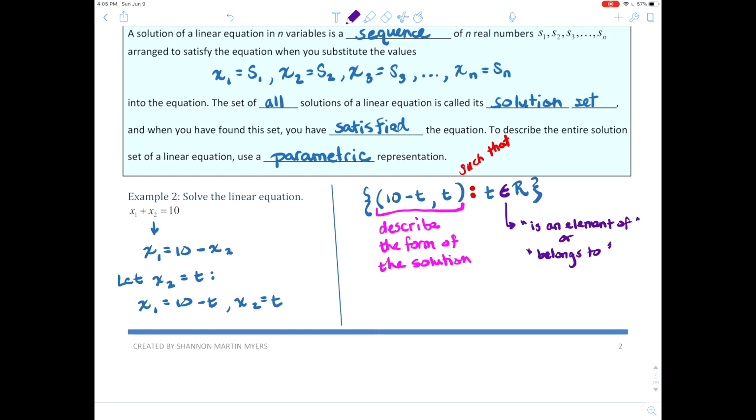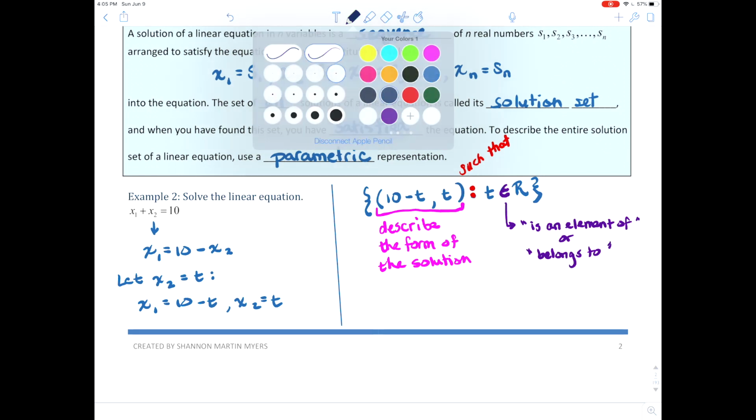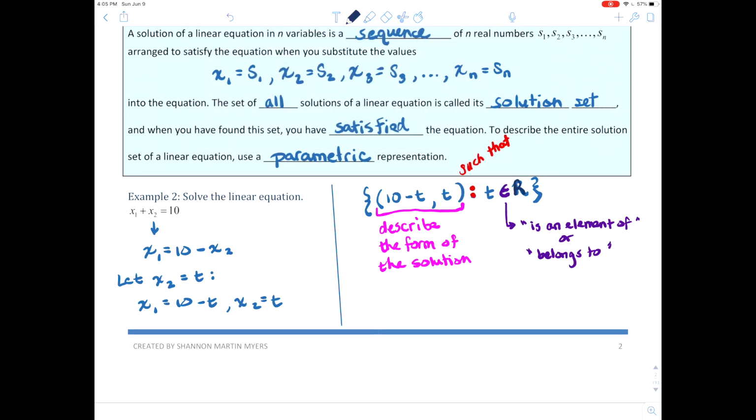And then the R, of course, stands for the set of real numbers. Cool, cool.